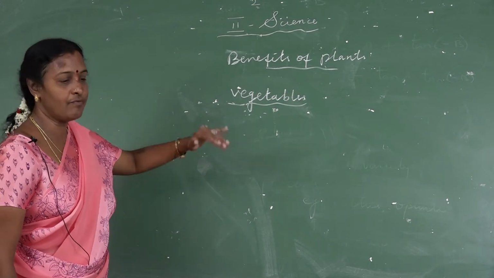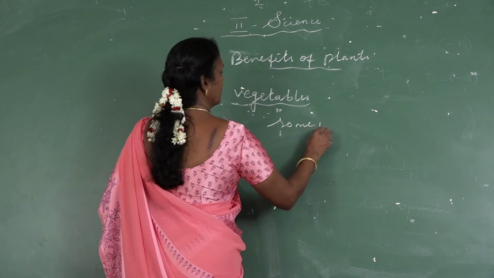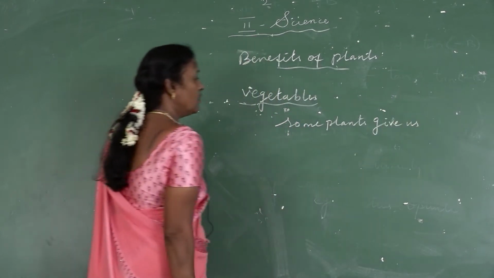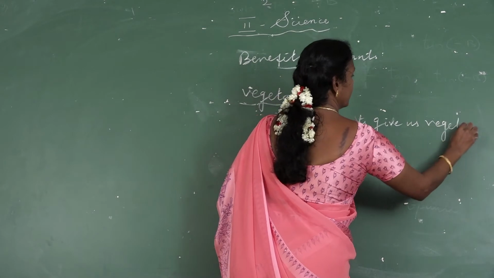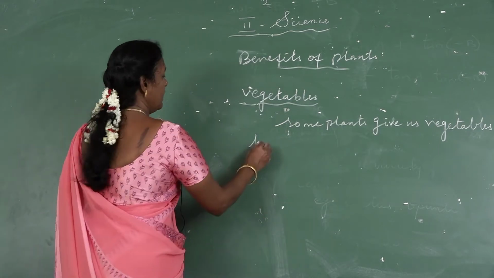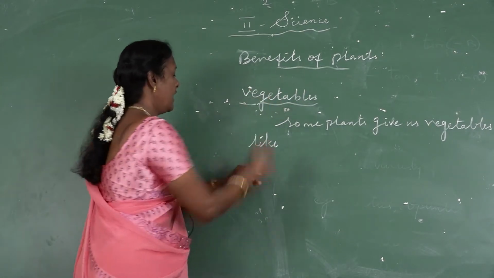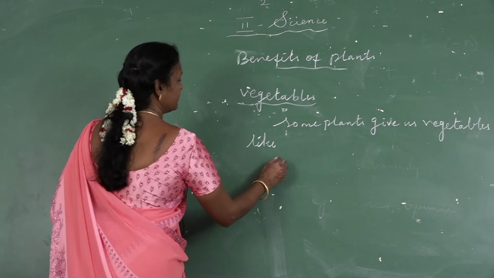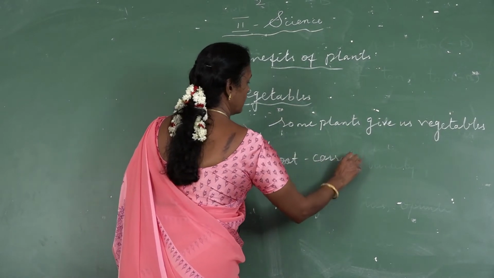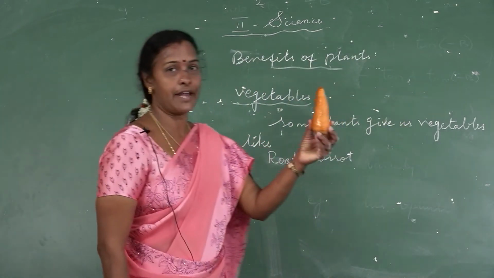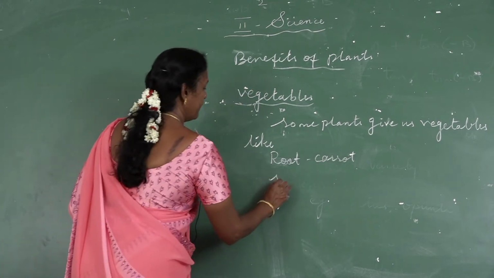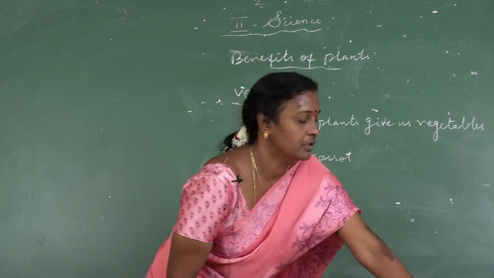Some plants give us vegetables like, first one, root: carrot. Next, stem: potato.